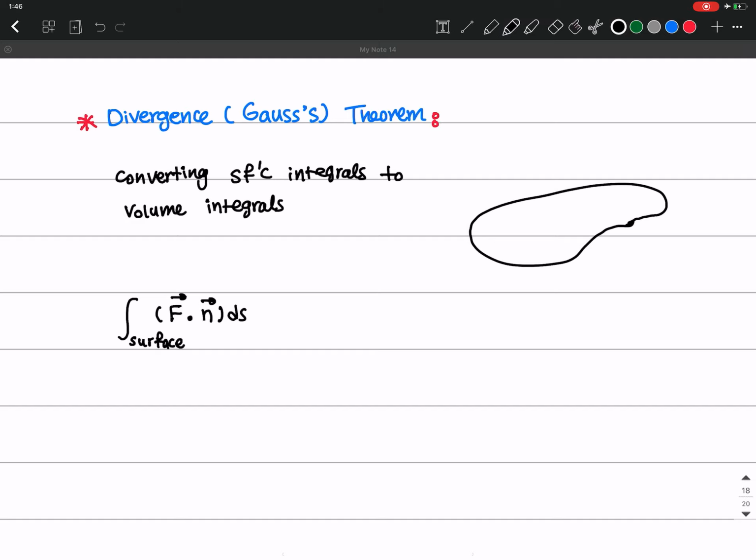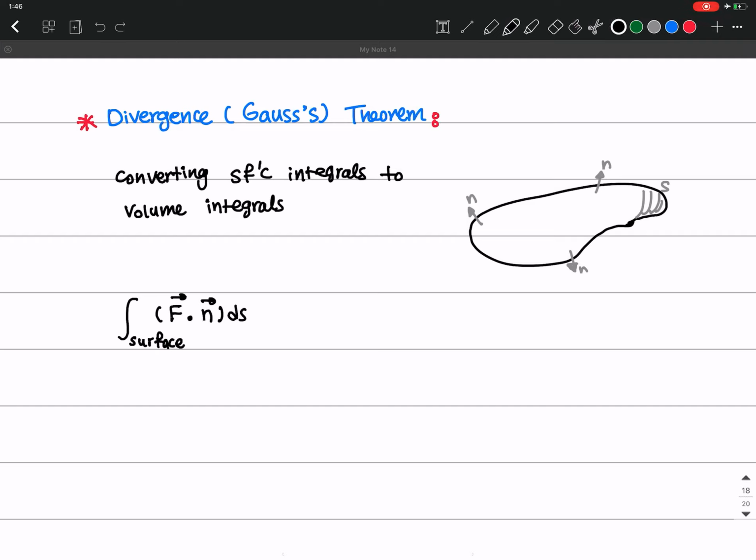So this is the normal vector, so at each point you have this, and this is your surface.